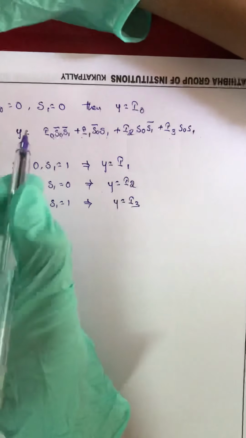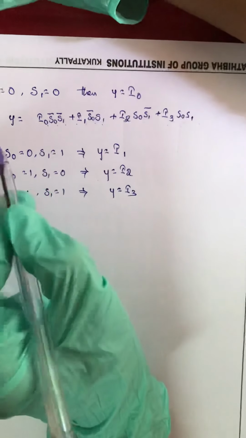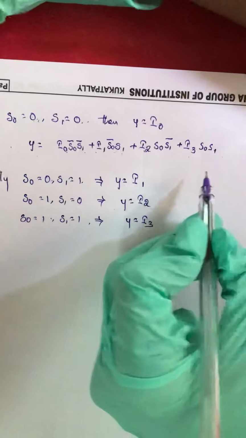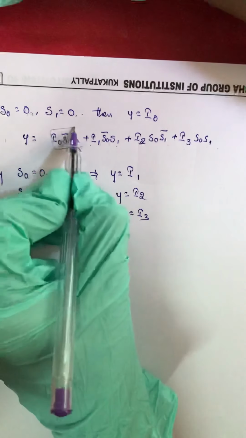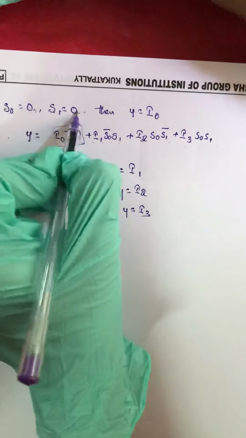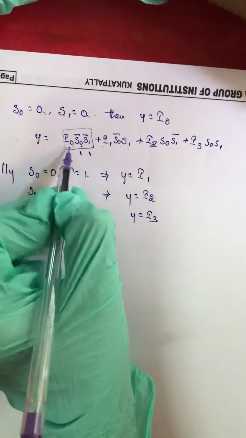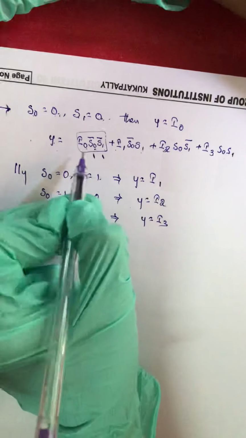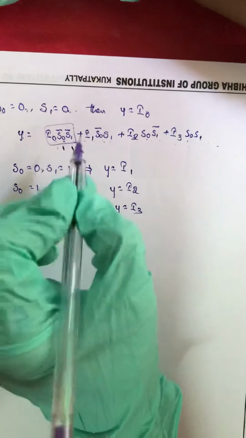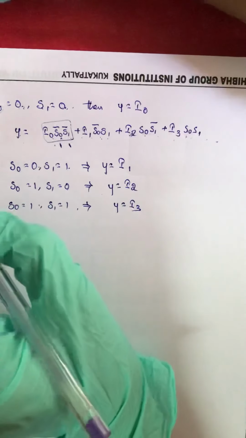From this equation we can check the 4 conditions: 00, 01, 10, 11. In the first condition, 00, only this term is 1, because S0 is 0 means S0 bar is 1, and S1 is 0 means S1 bar is 1. So Y equals I0, and the remaining 3 terms are 0. In each condition only one term is converted into output and the remaining 3 terms are 0.